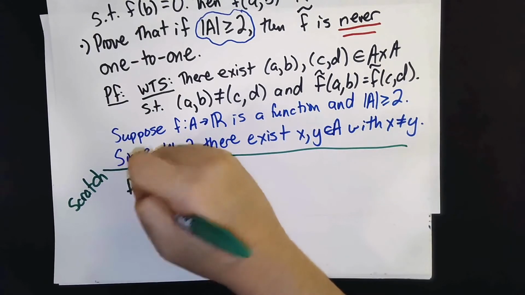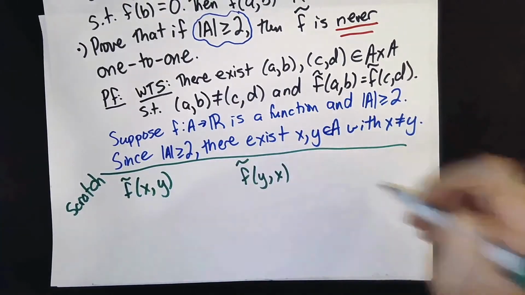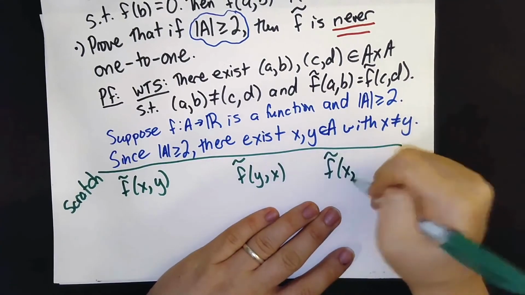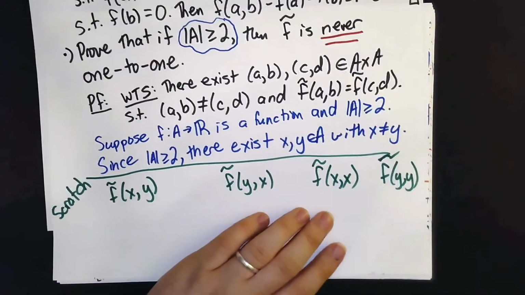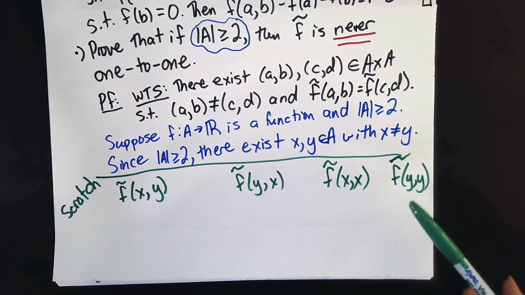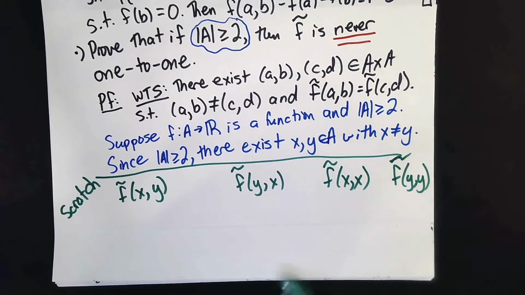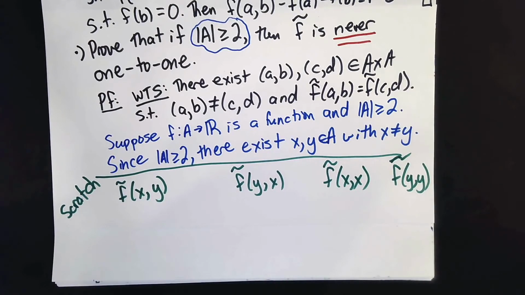I could take this, this, this, and this. Remember, f with a squiggle on top takes in 2 things, and so these are the only 4 ways that I could possibly write down one of x and y in the first slot and one of x and y in the second slot.